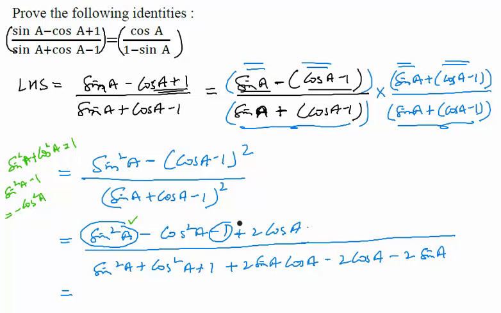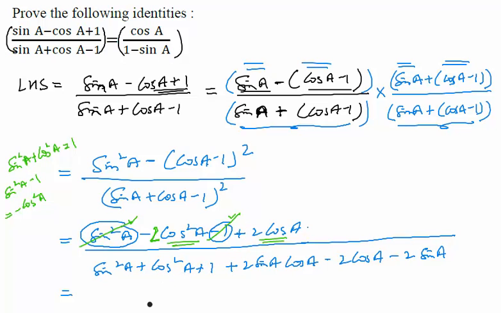So let us combine these and write minus cos square a, but there is already one cos square a here, which means I will get minus 2 cos square a. I also have 2 cos a present here, but let us take that in a later step.